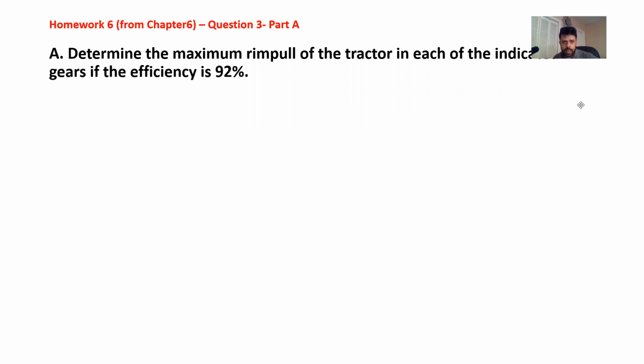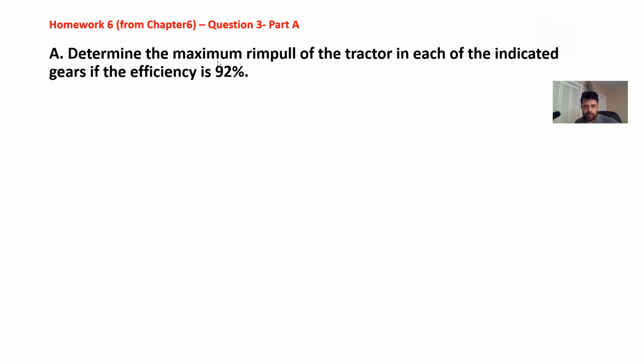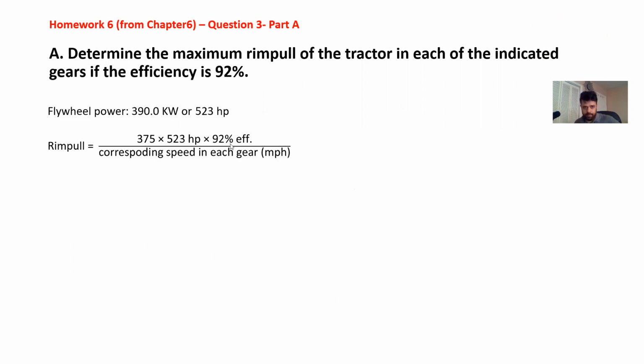So part A was asking to find the maximum rimpull. So we know the equation needed for rimpull. That is the power and the efficiency of the engine.